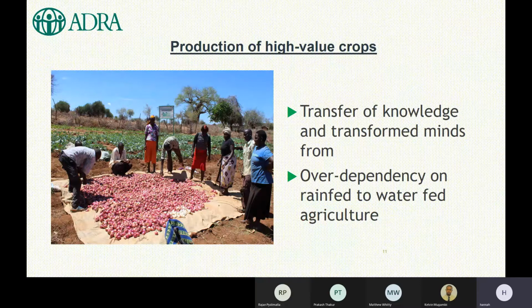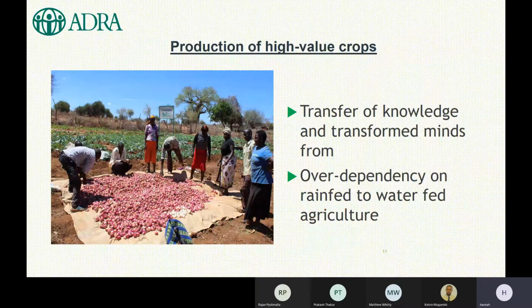So the project spent time transferring knowledge to the community, and also trying to change or to improve their perception, getting to know that there is a way they can use different seeds to plant and to harvest, aside from their traditional way of farming, and moving away from dependency on the rain-fed farming to this smart water capture agriculture.